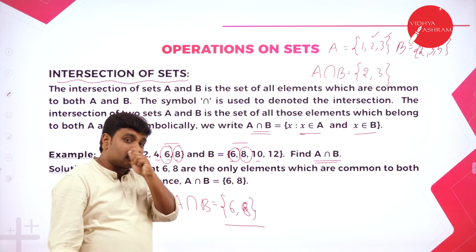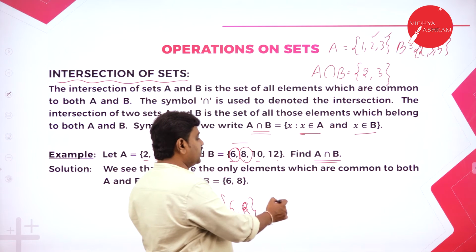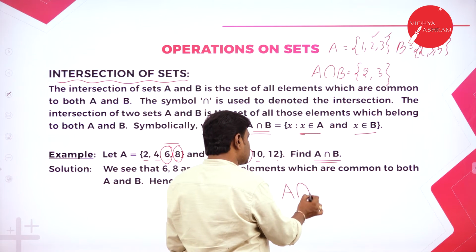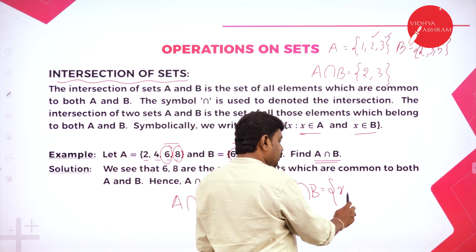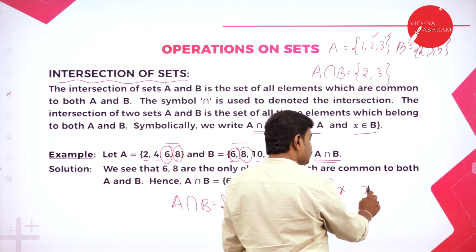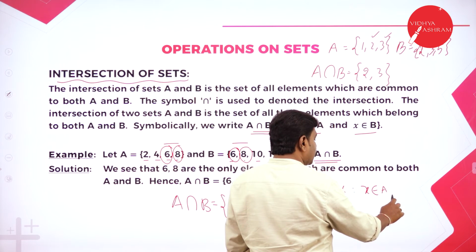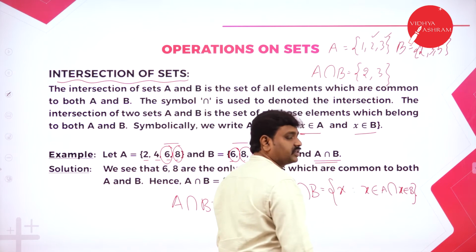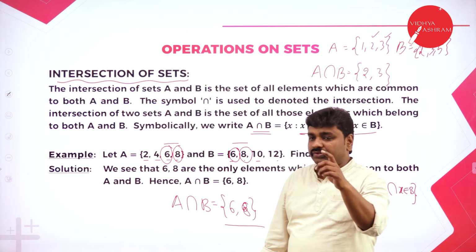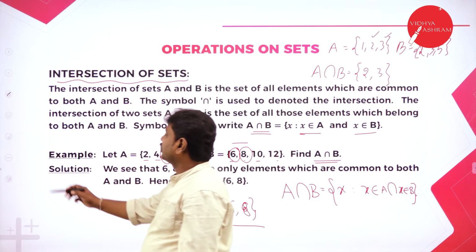Now, I hope all of you understood A intersection B. And how to write A intersection B? A intersection B is a set containing elements x such that x belongs to A and x belongs to B. That's it. Now, we'll go to the properties.